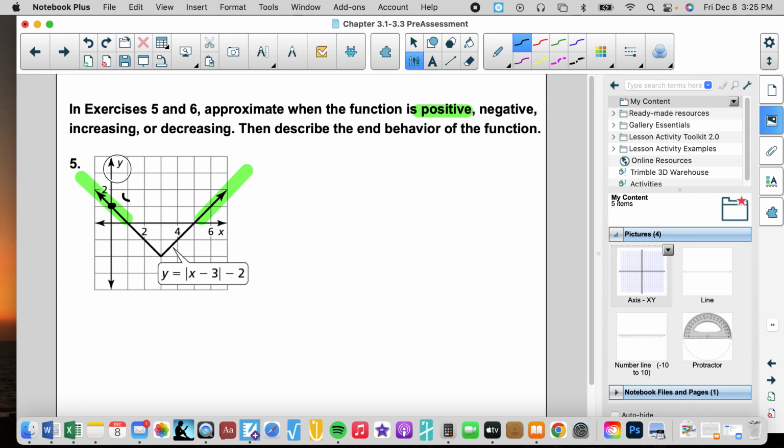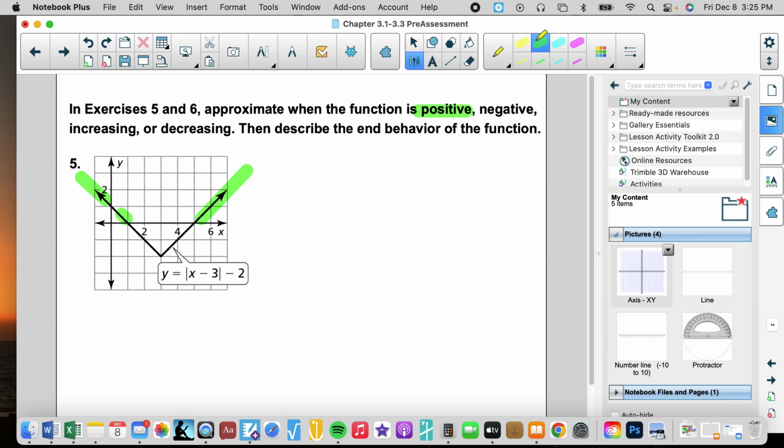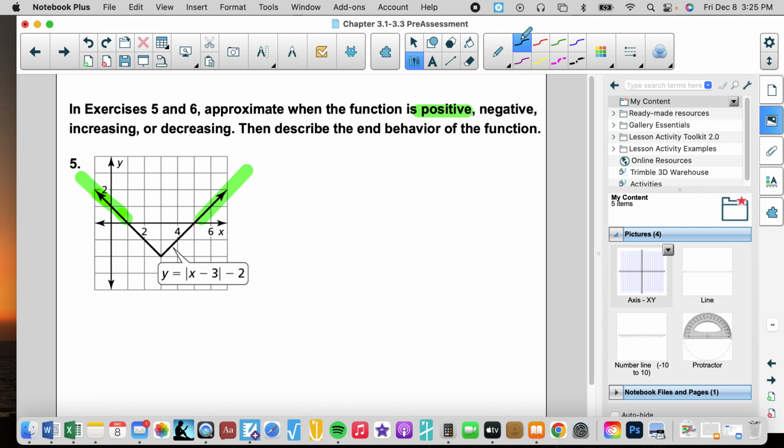We only want the points above the x-axis, because there you have positive outputs, or positive y's. We look at it through the outputs, but we describe the inputs. So we want to know what inputs will produce positive outputs.